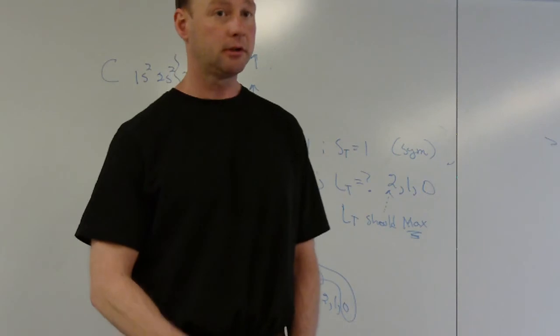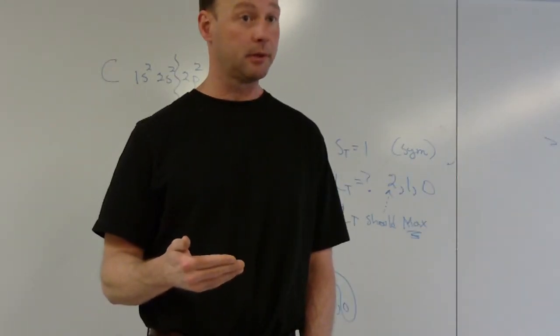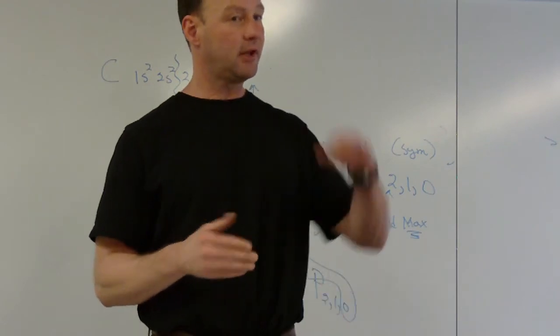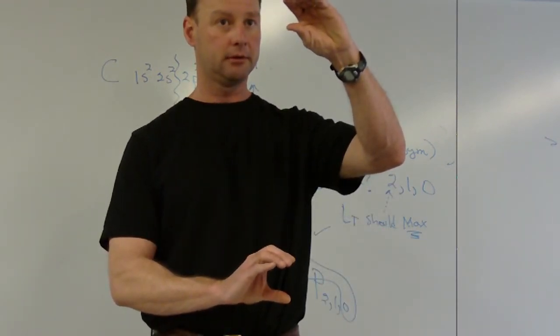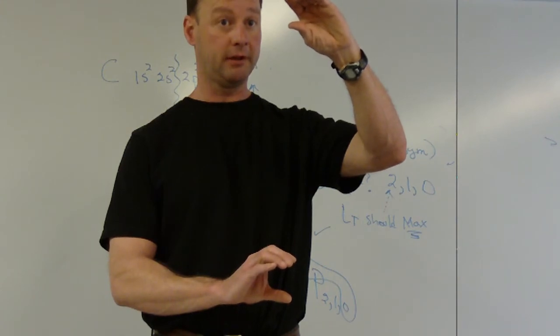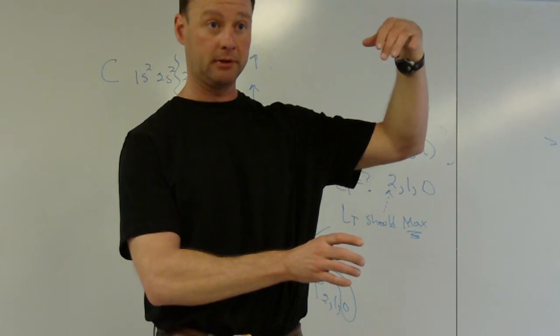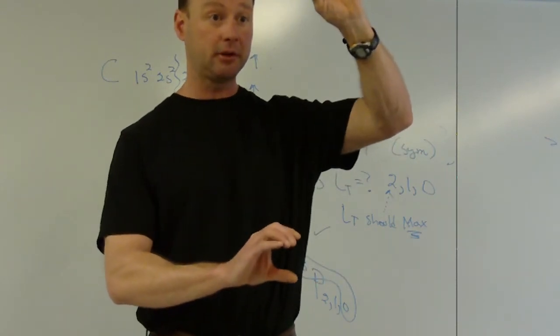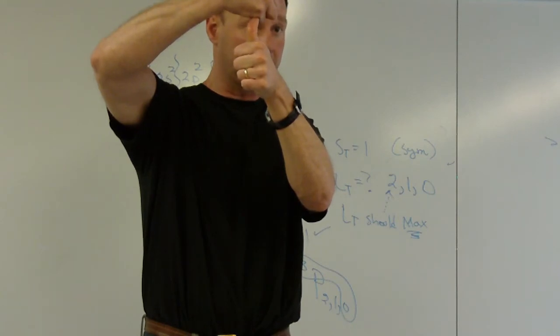For the Clebsch-Gordan coefficients, if I'm coupling together two angular momenta, and I have the highest and the lowest possible angular momenta you can get out of two angular momenta, that necessarily means that the angular momenta have to be in the same direction.